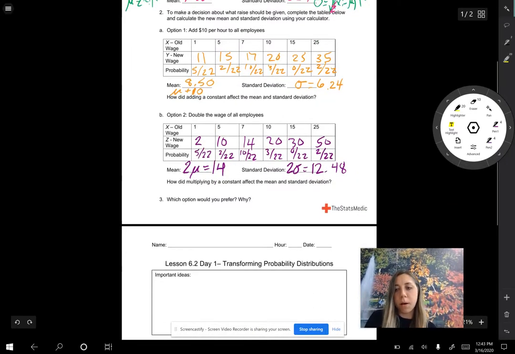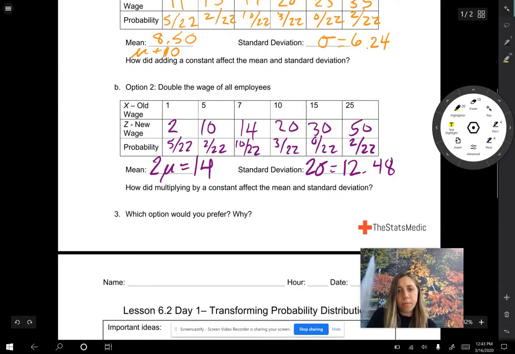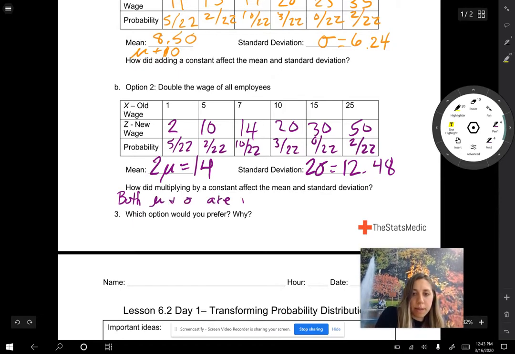How did multiplying by a constant affect the mean and standard deviation? Both the mean and the standard deviation are multiplied by 2.